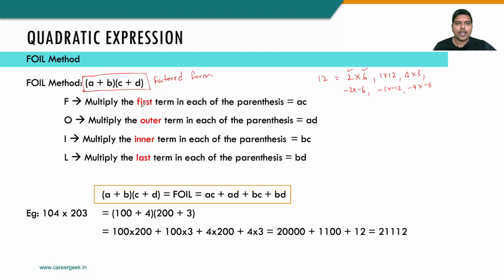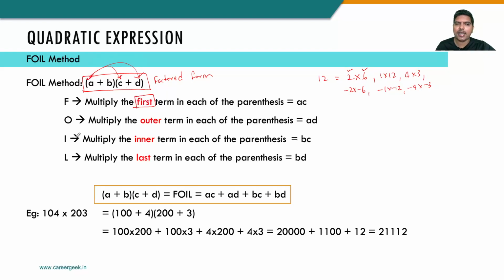Now, F stands for the first term in each of the parentheses. So when you want to multiply, you just multiply the first terms, A into C. O stands for outer, so A into D. What we are doing is A multiplied by C, then A multiplied by D. Okay, first and outer.